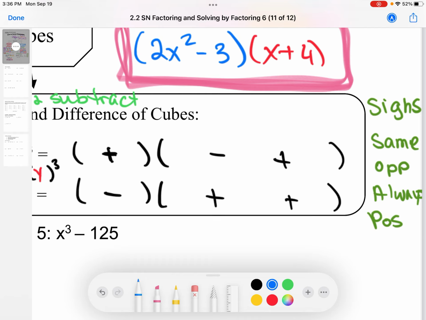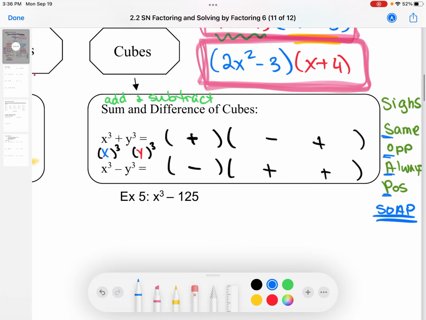And if we look at the letters, S-O-A-P, that is SOAP. So SOAP is an acronym that can help you remember the signs. First sign is the same as in the original problem. Second sign is opposite. Last sign is always positive.